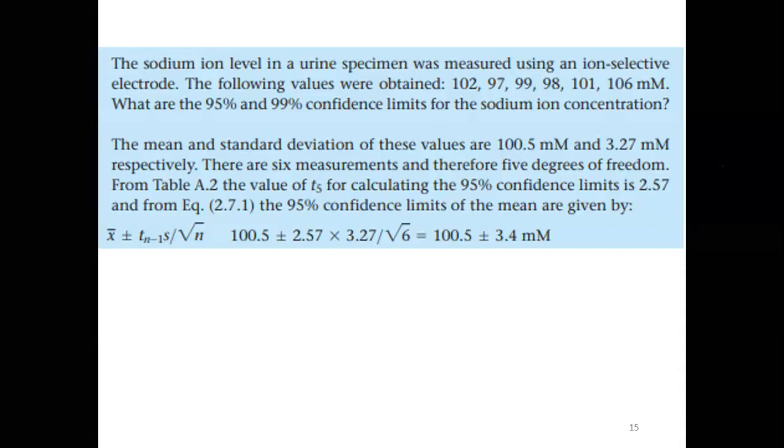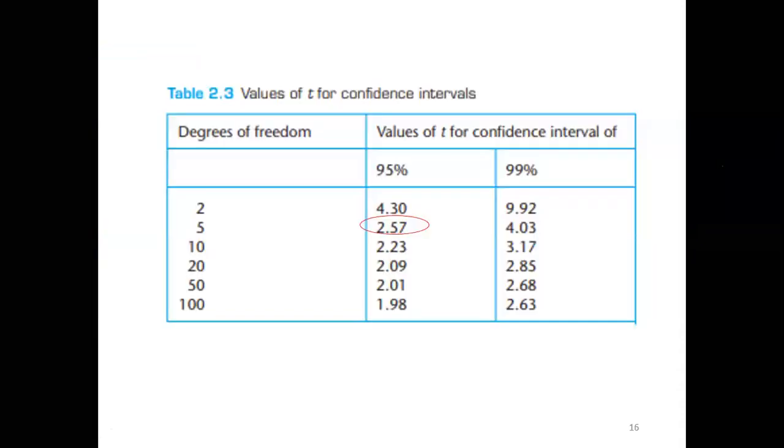How can we calculate T5? Even in the exam, you will get this table. This table contains the values of T for confidence intervals. This is the degree of freedom, which means n minus 1.